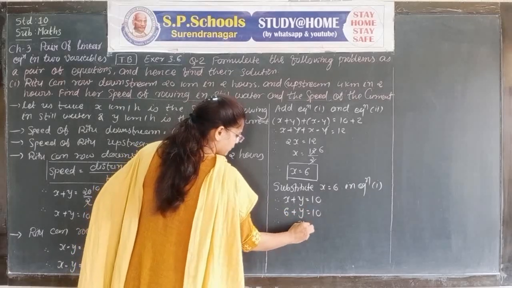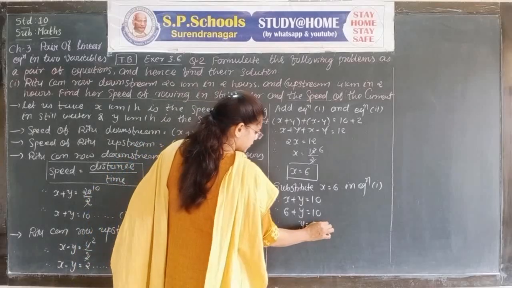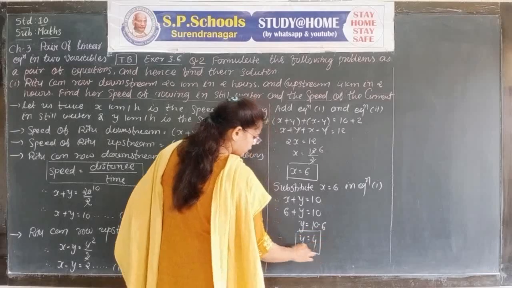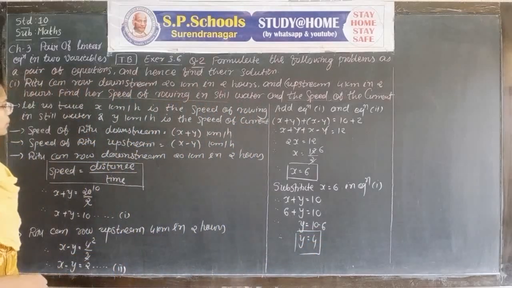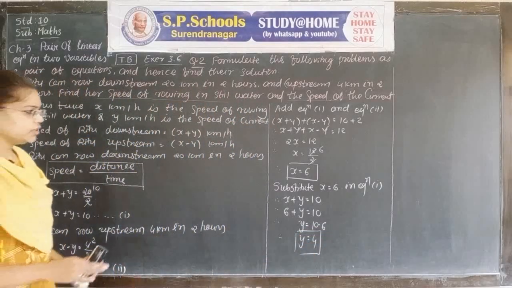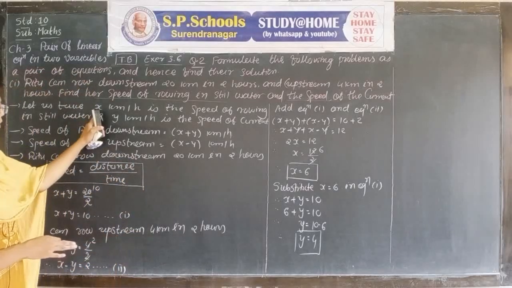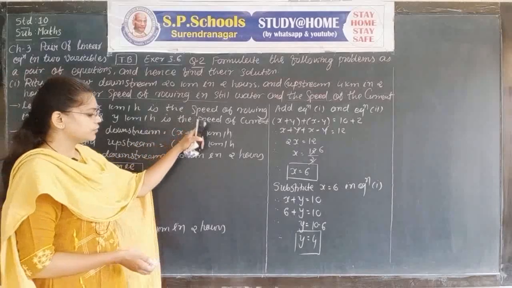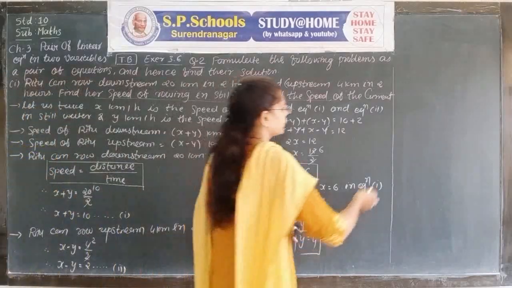By making y the subject, we get 10 minus 6, and y is equal to 4. And we obtain both the speeds. The speed of rowing in still water x is 6 km per hour and y is the speed of current, which is 4 km per hour.